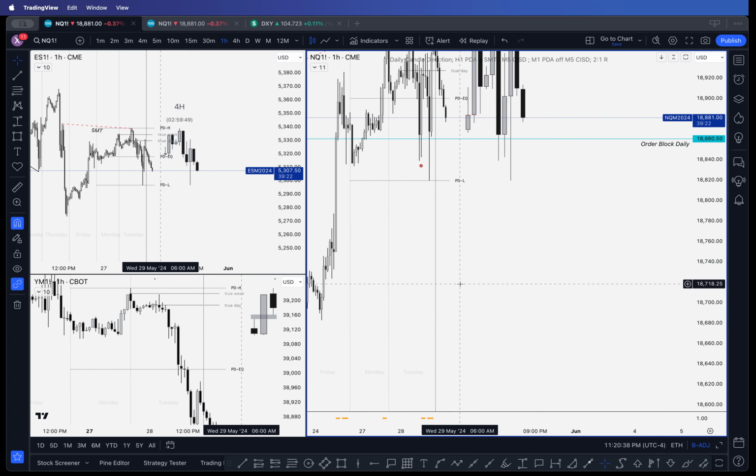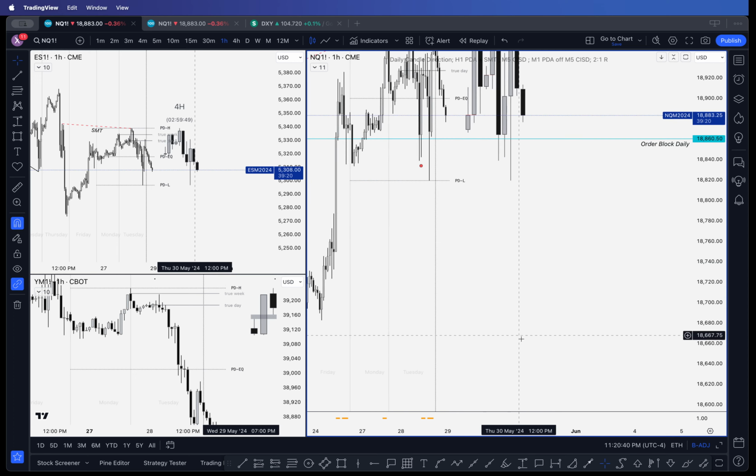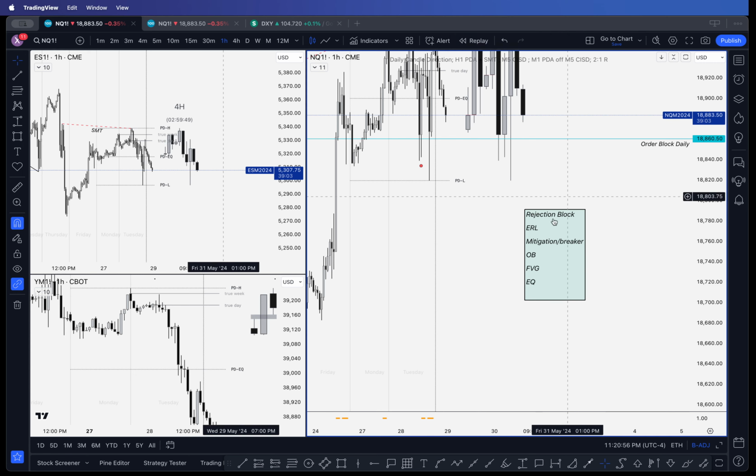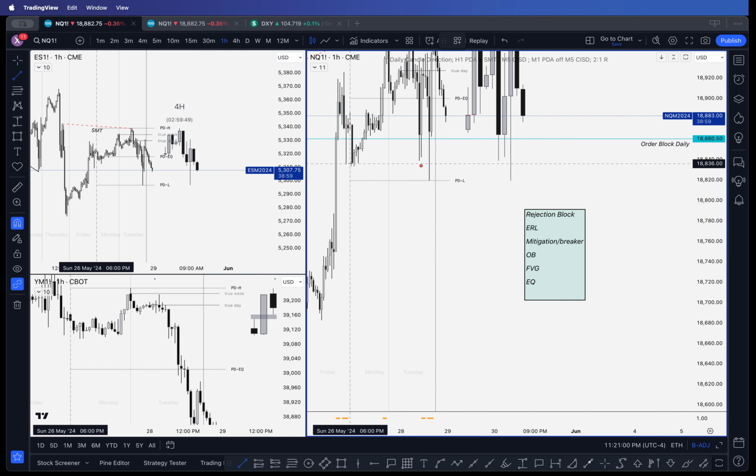The other time where you will get an invalidation of the PDA array matrix, which looks something like this: rejection block, external range liquidity, mitigation, breaker, OB, FVG, EQ, and then we keep going. Again, if you look at a price leg, there will always be this matrix of delivery.